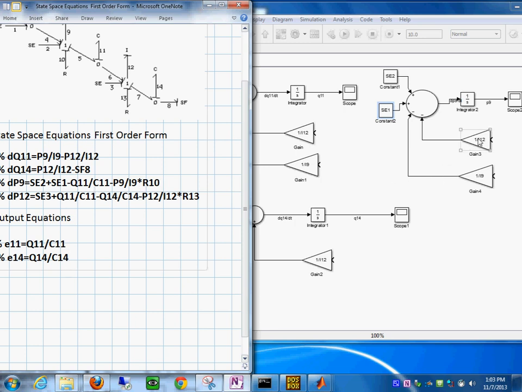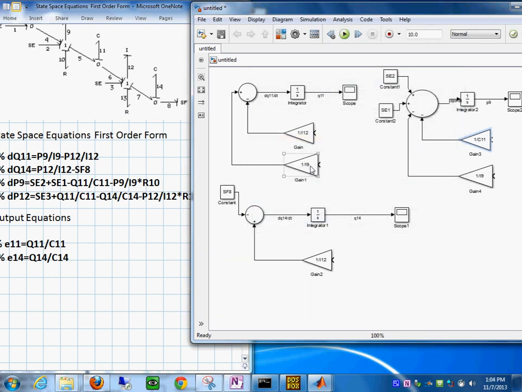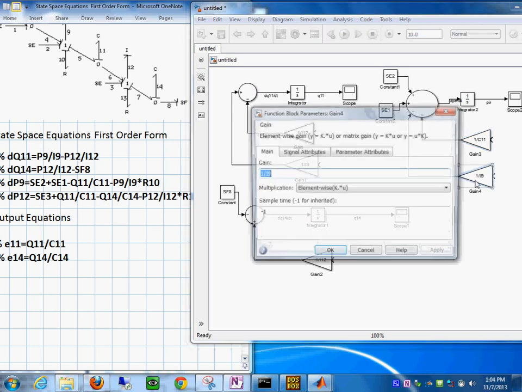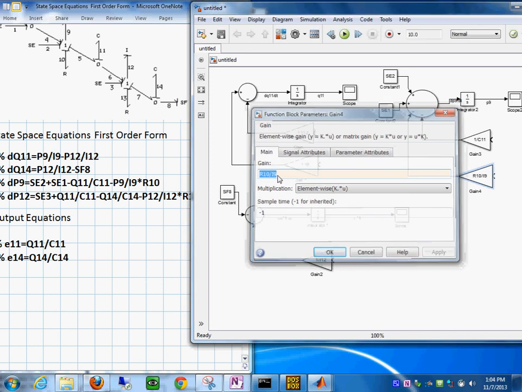So that is going to be like this, 1 over C11, like this. And the other one is going to be R10 over I sub 9. So this is going to be R10 over I sub 9. Okay.